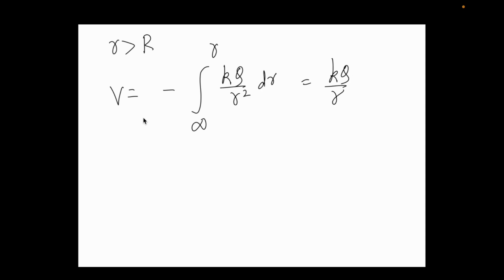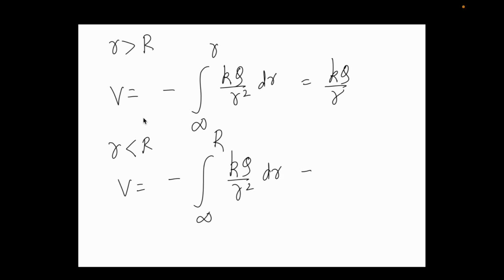For r greater than R, V has to be the integral from infinity to r, which is nothing but kq by r. For r less than R, it has to be from infinity to R, which is kq by r square dr, but for the inner part, it has to be from R to small r, and you have to use the field which is inside.